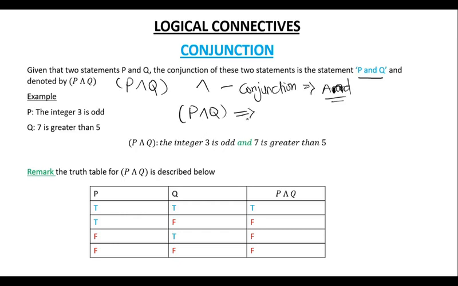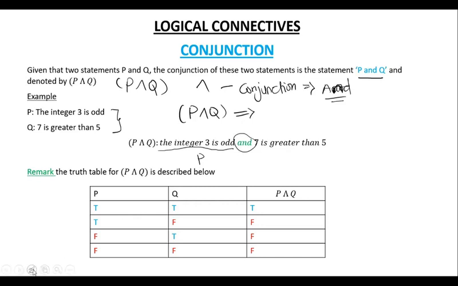So our P and Q is just combining these two statements to form a new statement. That is, the integer 3 is odd, which is this statement that we have over here, or the statement P, and then we use the conjunction connective, that is the and.